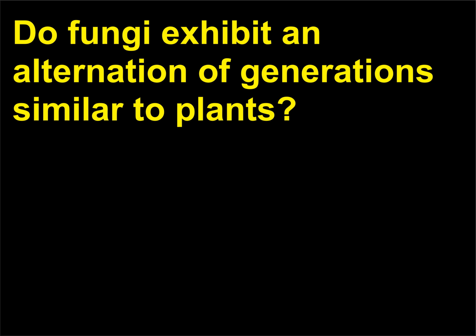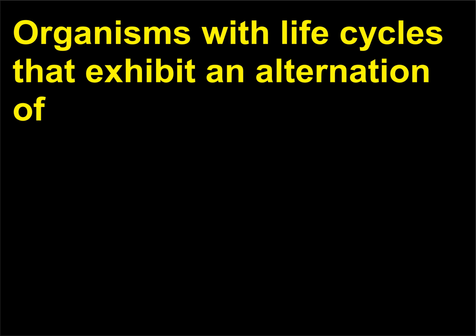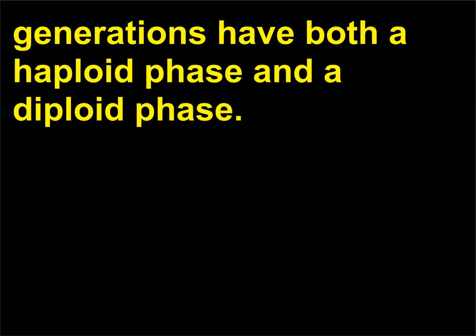Do fungi exhibit an alternation of generations similar to plants? Organisms with life cycles that exhibit an alternation of generations have both a haploid phase and a diploid phase.